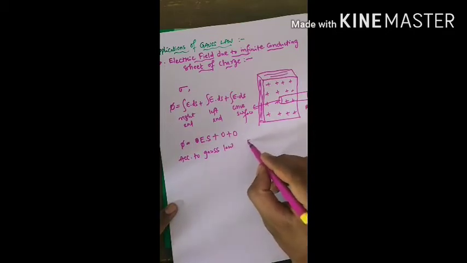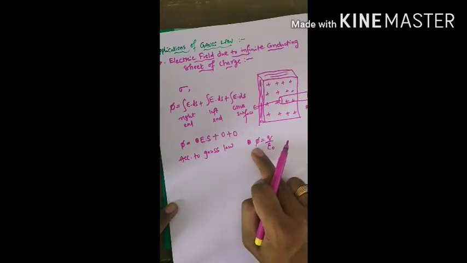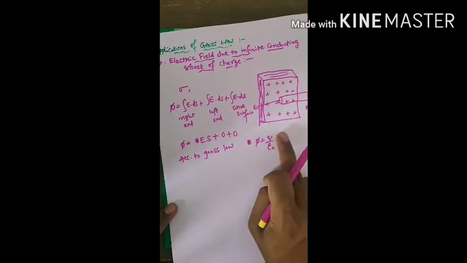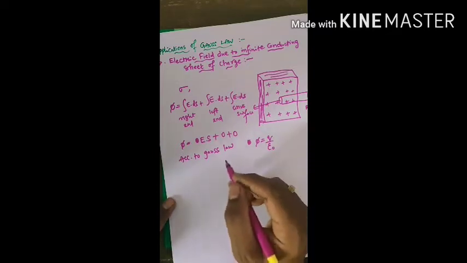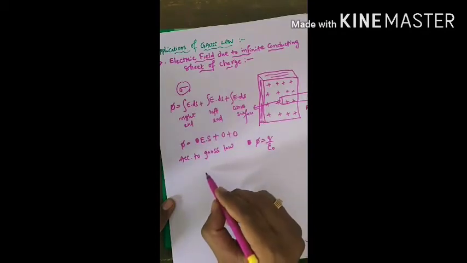We know that phi is equal to Q by epsilon naught. That is, the total flux will be equal to 1 by epsilon naught times the charge enclosed within the surface.